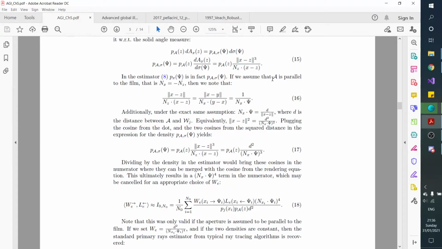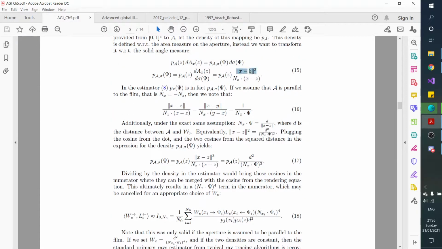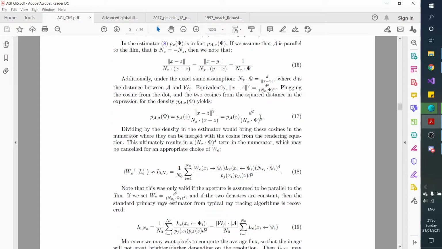Now if you assume that the aperture A is parallel to the film, you can derive some things that tell you, okay, you get one cosine from that, and then you get one cosine from the length squared part. So 2 cosines from there, so at the end of the day you have a cosine to the power of 3, as I mentioned, but also in the numerator, you have distance squared from the film to the aperture.